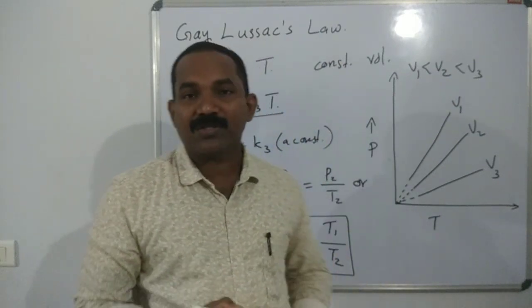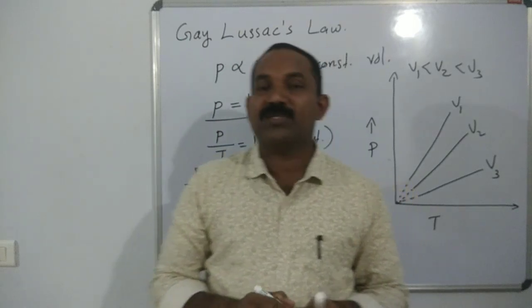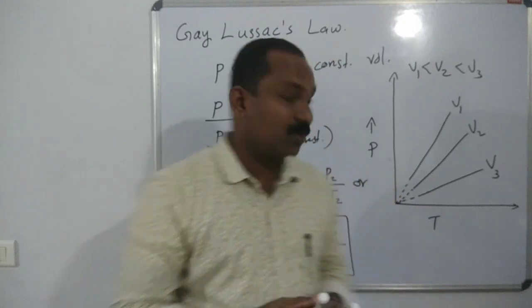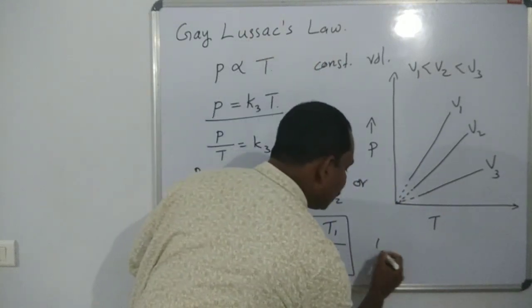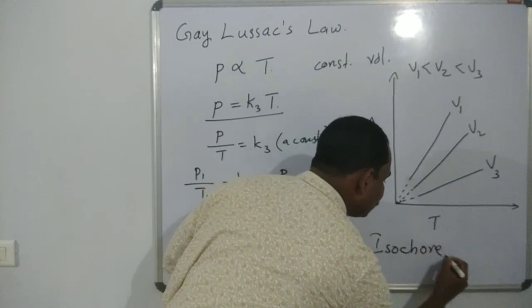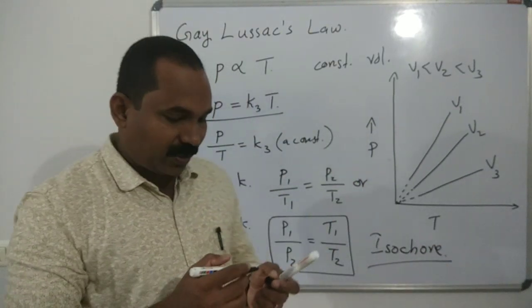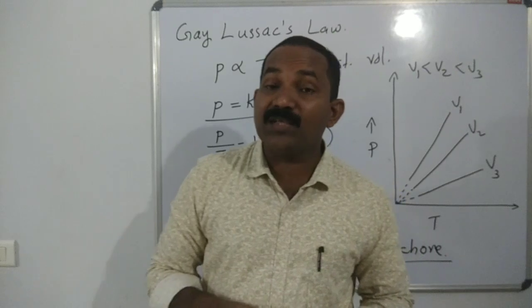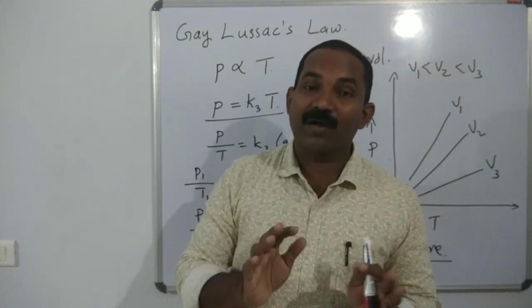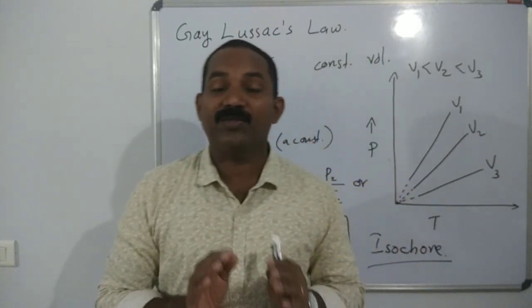In these plots, the volume must be constant, and such plots are called isochores, sometimes known as isometric.